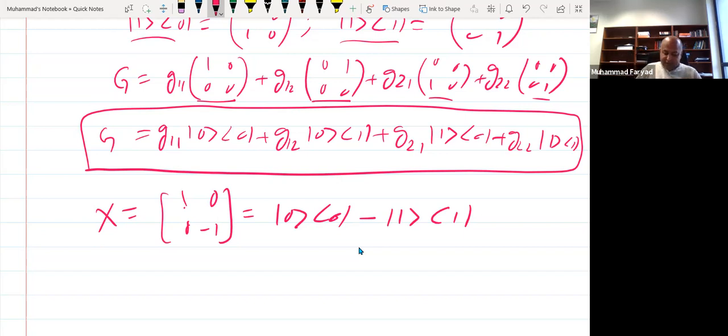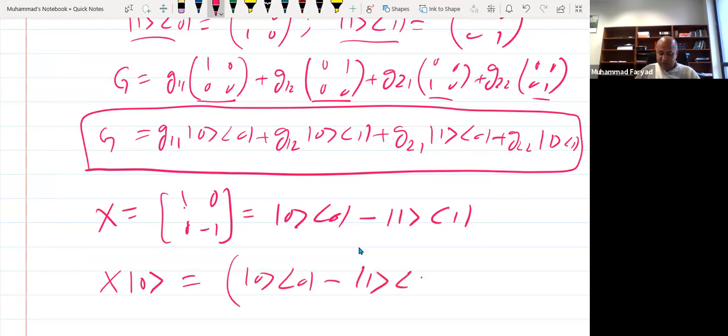In matrix form, for example, I want to see what this gate does to state |0⟩. And from this expression, |0⟩⟨0| minus |1⟩⟨1|, when it is applied to |0⟩, I know that orthonormality exists. So when this ⟨1| inner products with |0⟩, this term will be 0. And when this ⟨0| inner products with |0⟩, I will get |0⟩.